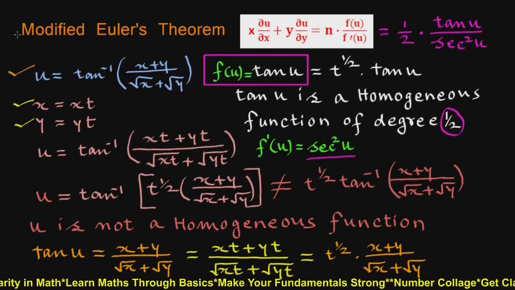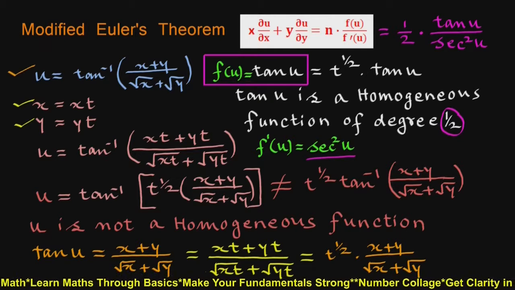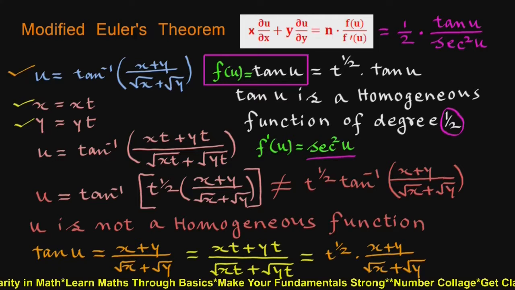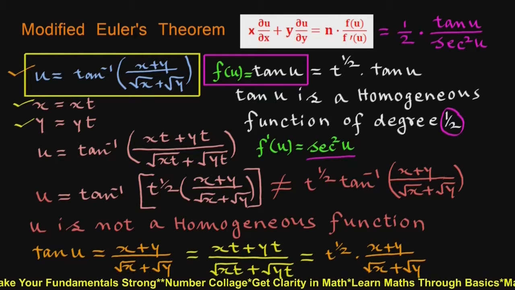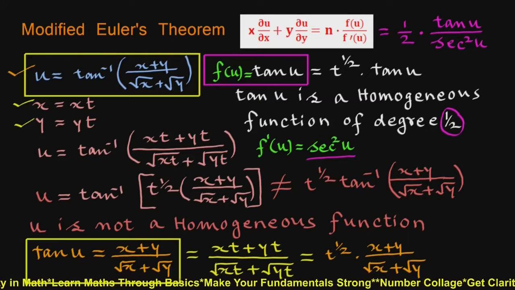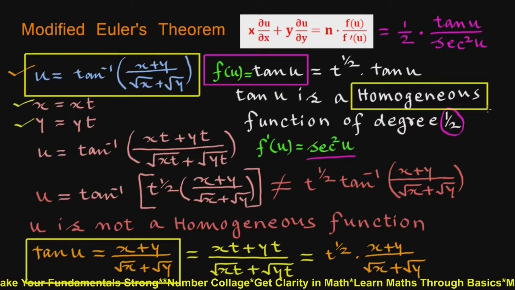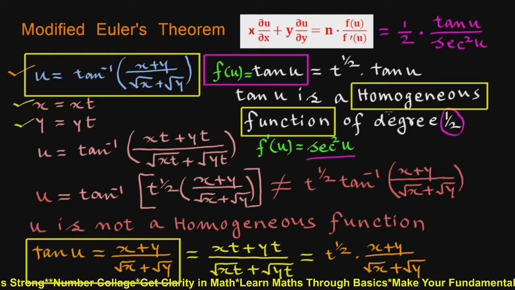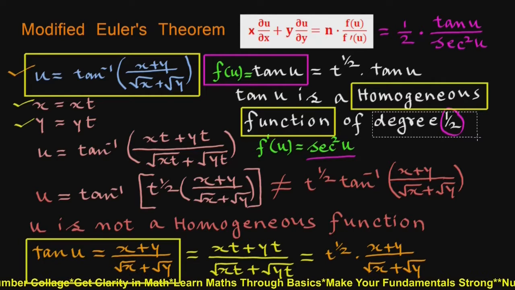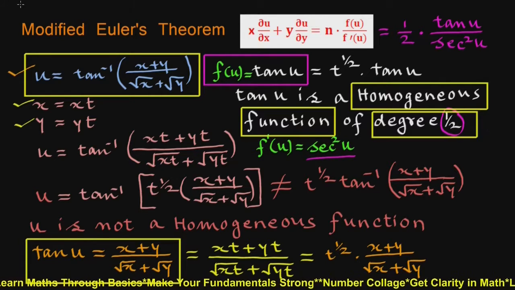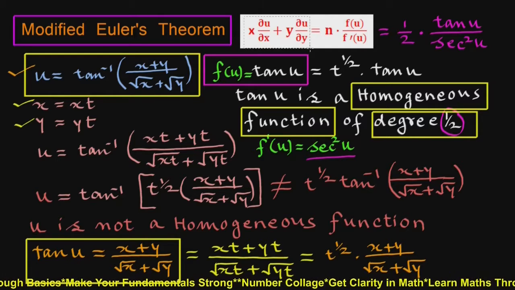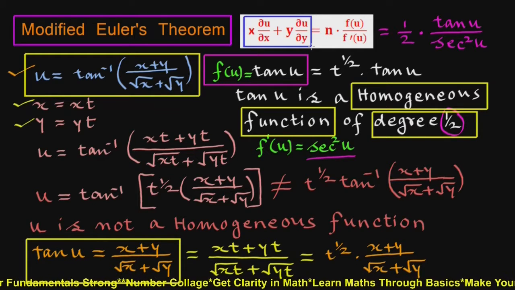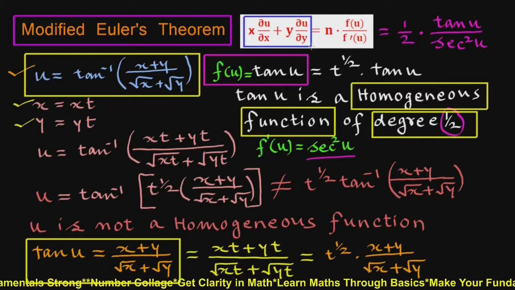So, modified Euler's theorem is for functions which are not homogeneous as they are given, but when they are written in this form, they become homogeneous functions of some degree, in this case half, and then we can use modified Euler's theorem to find the value of x dou u by dou x plus y dou u by dou y.